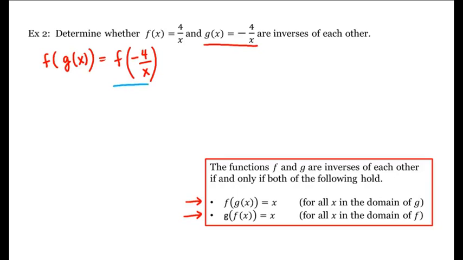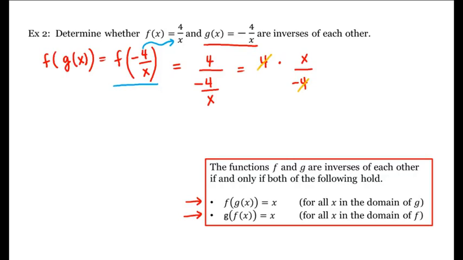And then f of any input, we put that input in wherever we see an x. That is, this is equal to 4 divided by negative 4 divided by x, which is 4 times x divided by negative 4.